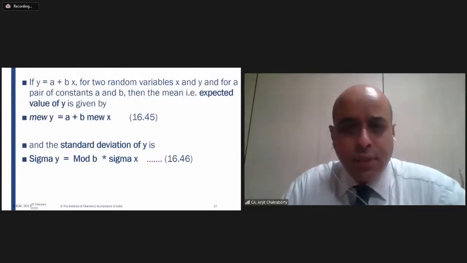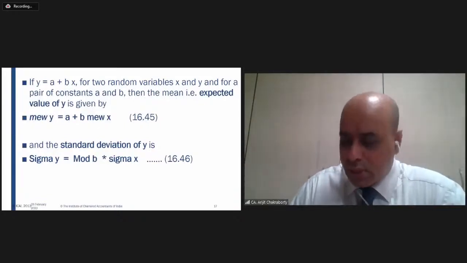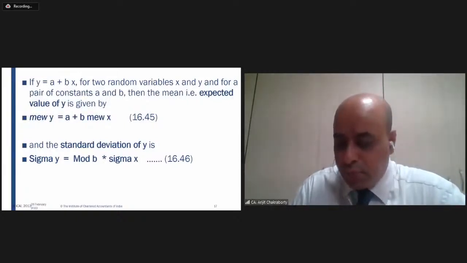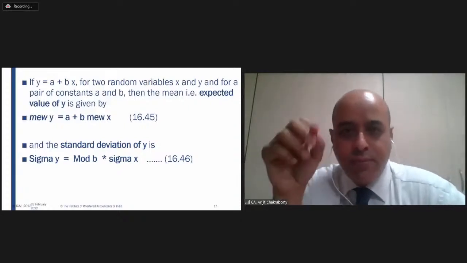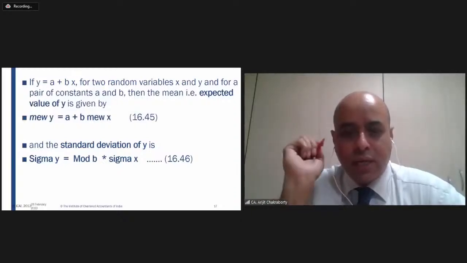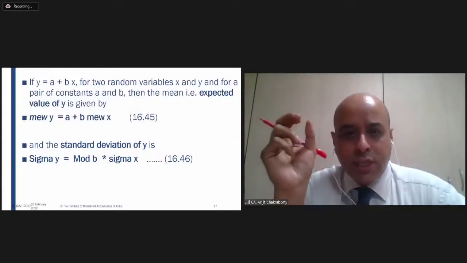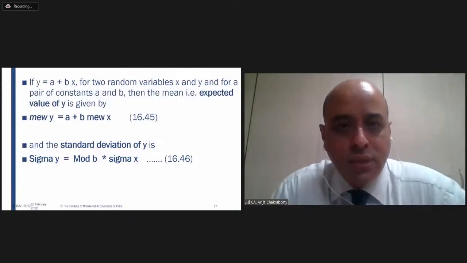So if I give a simple example here, say the equation is y equal to 10 plus 3x, or y is equal to 3x plus 10, and it is given that the expected value of x, that is mu x, is equal to 7.